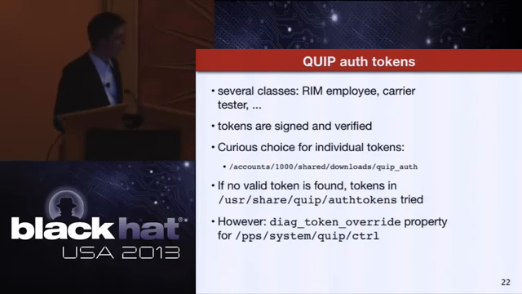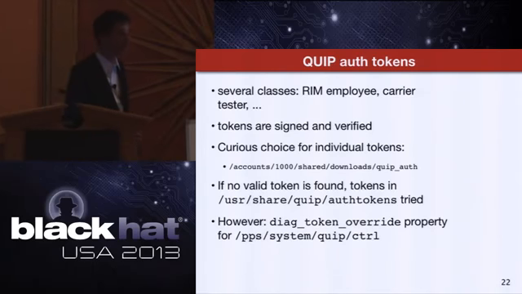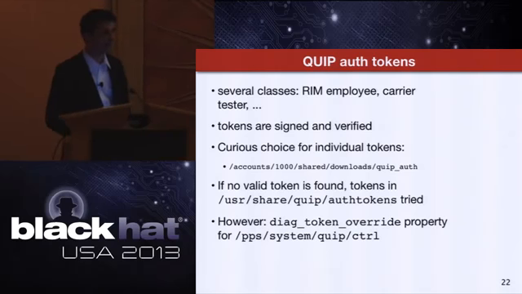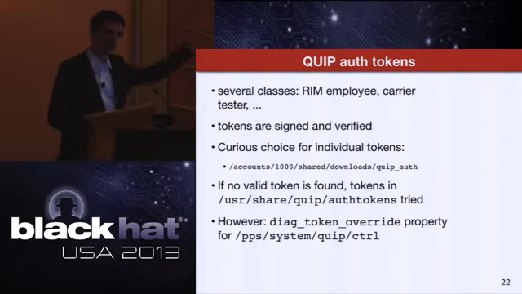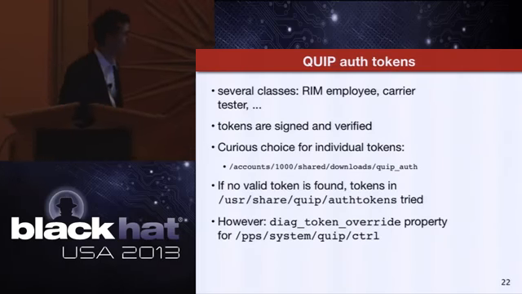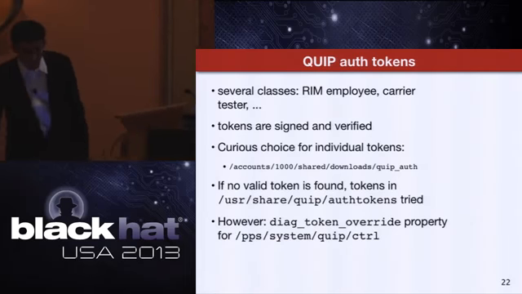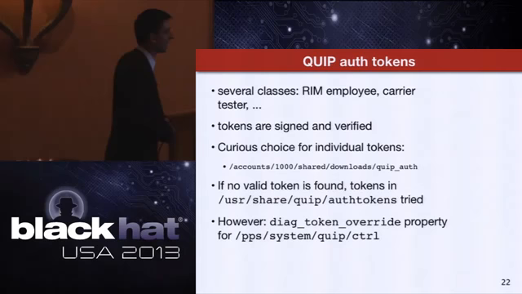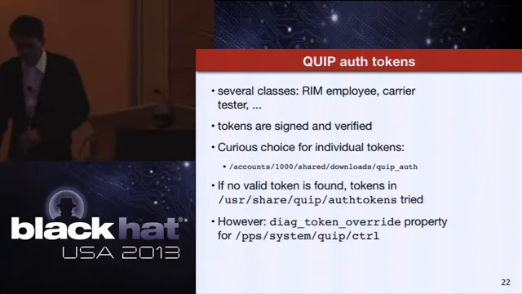And I found it somewhat curious that the path that they have for the individual tokens is the download directory. So if you accidentally download something as QUIP-auth, then the next time you can be introduced to this logging facility. And if no valid token is found, there's a list of different carrier tokens that is tried. And also there's an override property that you can use to force enable this, apparently.